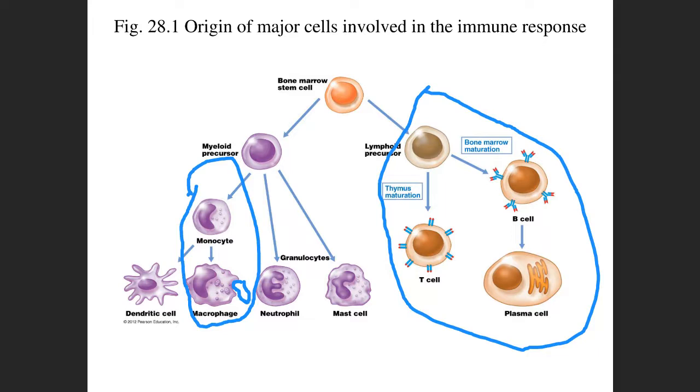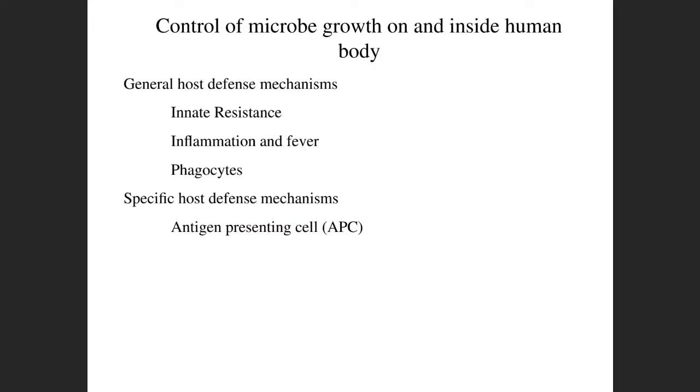And the B cell, once it's activated and selected, goes into a plasma cell. And the plasma cell is the one that produces the antibody IgG, and that's what everyone's talking about. All right, so that's the cell types.